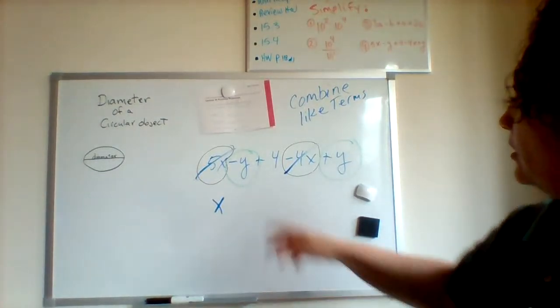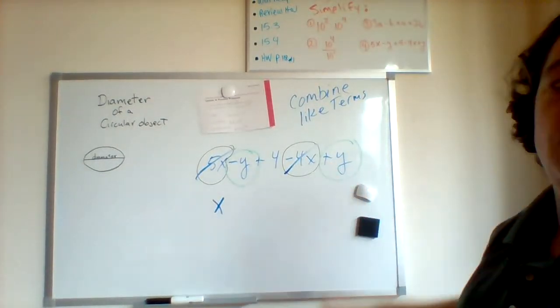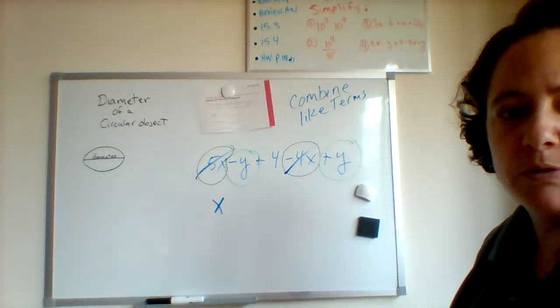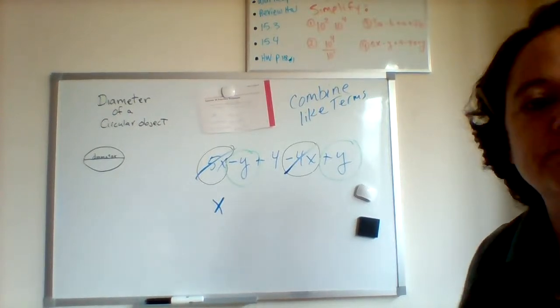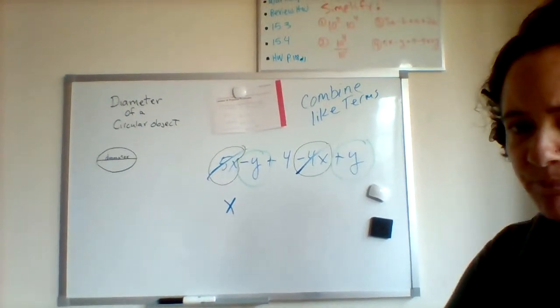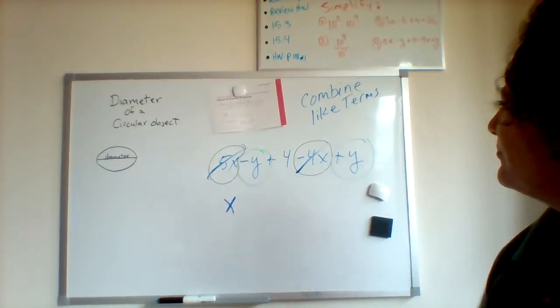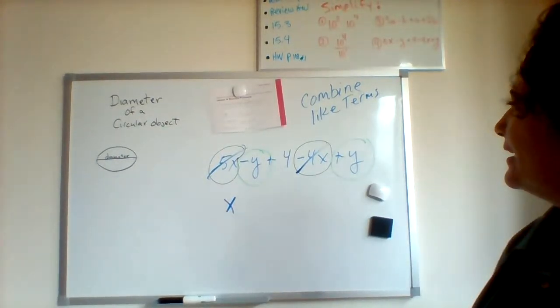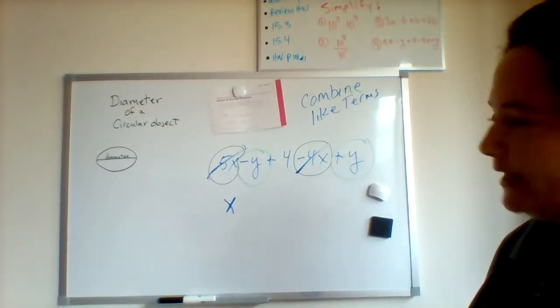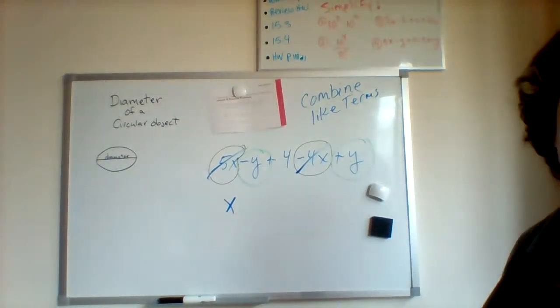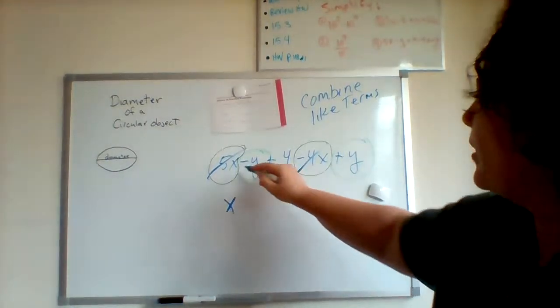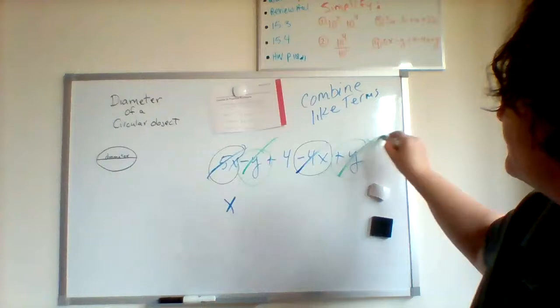What is a negative 1 and a positive 1? A negative 1 and a positive 1 is just 0, right? So the y's actually end up going away. They're completely gone now. Y minus y is nothing.